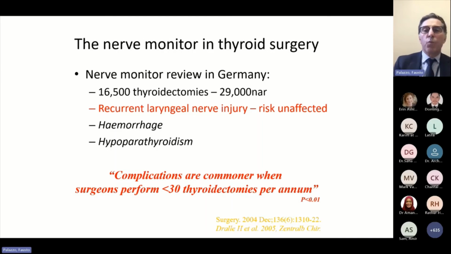And what he wanted to demonstrate was that if you used a nerve monitor, your rate of nerve palsy was lower. But instead, what he demonstrated was that if you were an experienced surgeon, you had lower rates, whether you used a nerve monitor or didn't use the nerve monitor. And this was a groundbreaking piece of work.